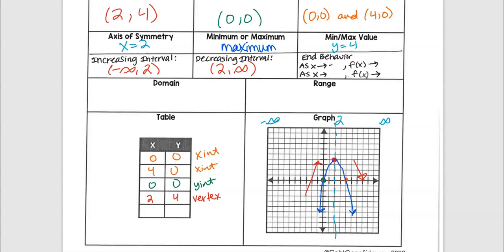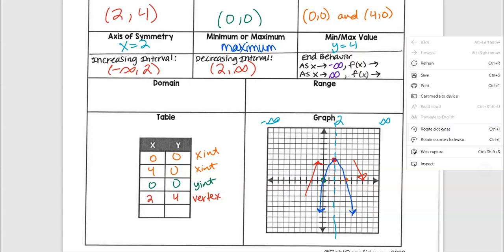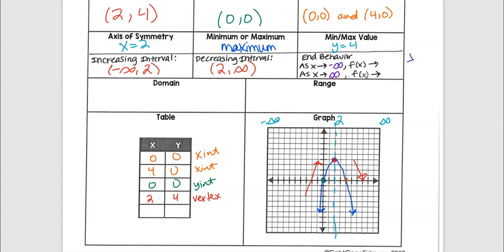There we go. So as my x's go negative and my x's go positive, so left side, right side, what are my ends doing? They're going down. So how do I say down? Good. We're going down, down.